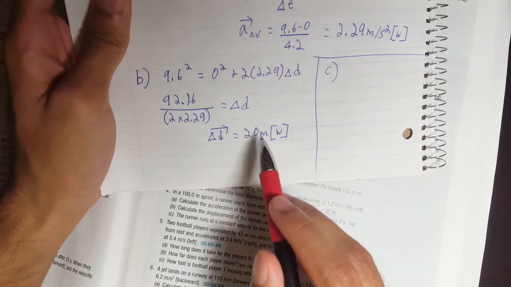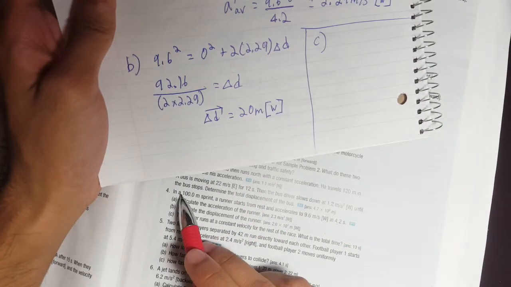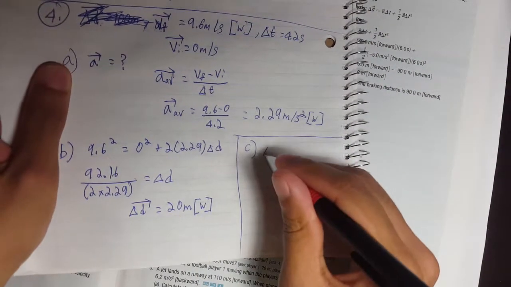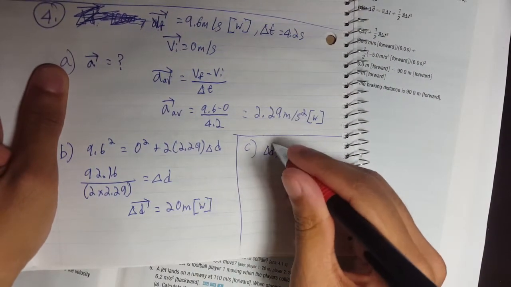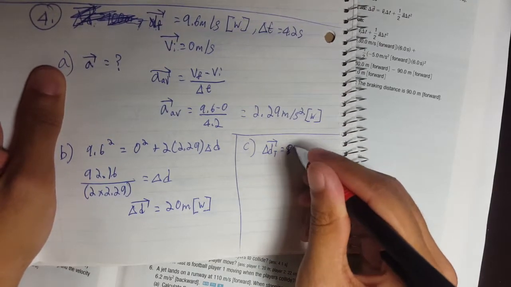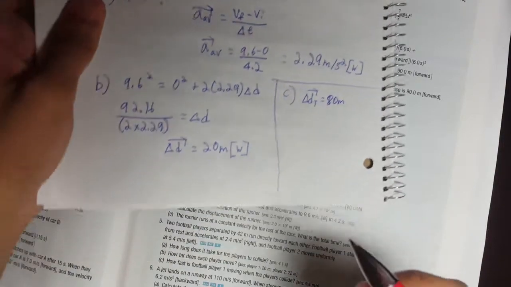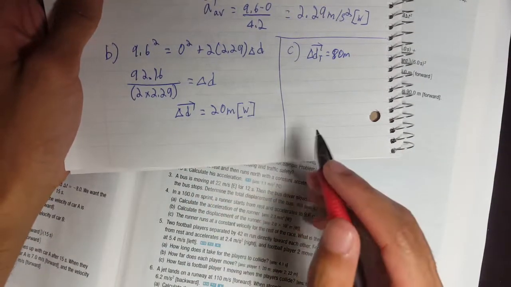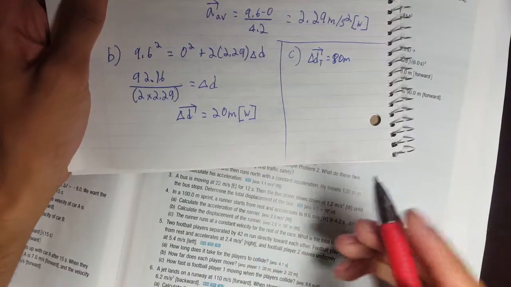You know that during the 4.2 seconds, the person ran 20 meters west, and the sprint is 100 meters. So the displacement remaining would be 80 meters, because the whole track is 100 meters, and since he moved 20 meters already, 80 meters is left over.